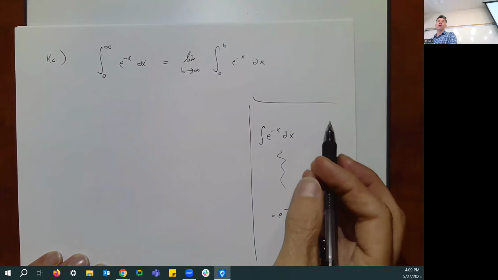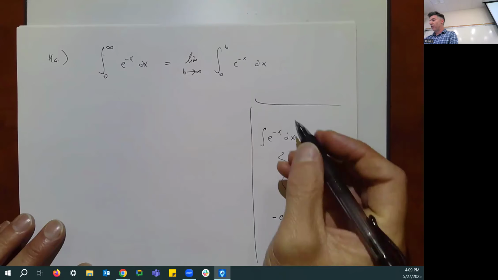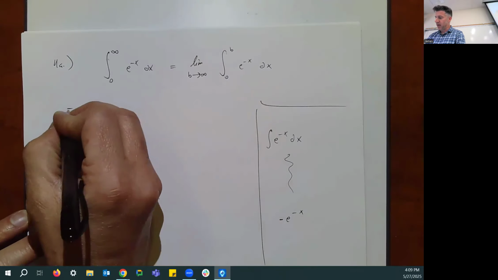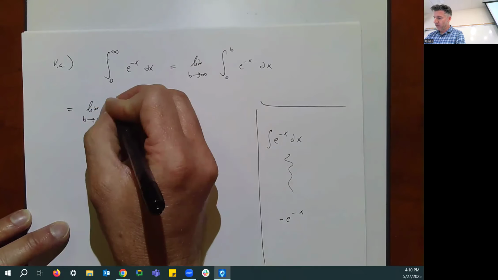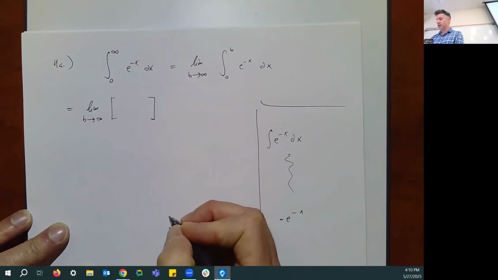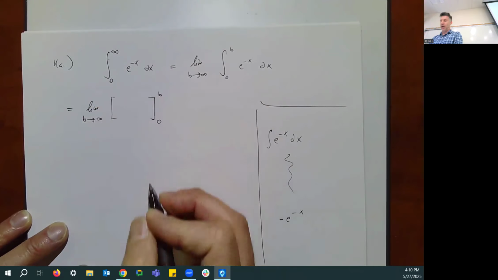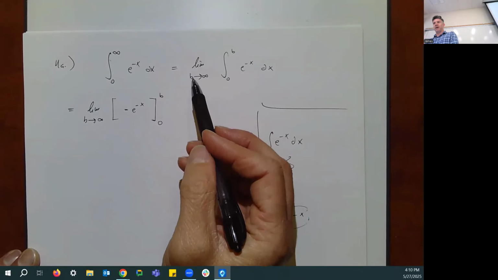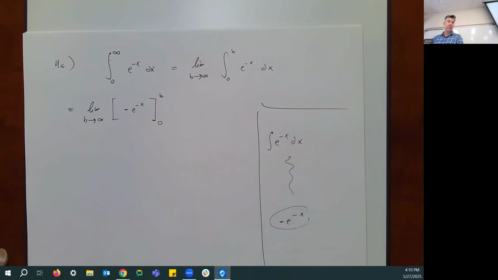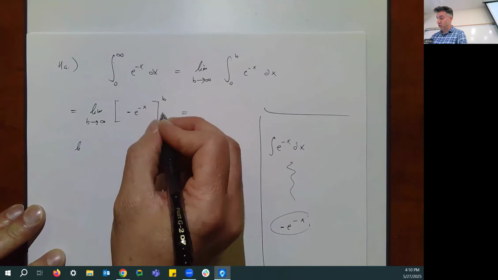Then I go back and say this is the limit as b goes to infinity of whatever my antiderivative actually is, evaluated from 0 to b. Just because if it's a more complicated process, you don't want to be writing down the limit along with the integral every step. Now we plug in our limits of integration.